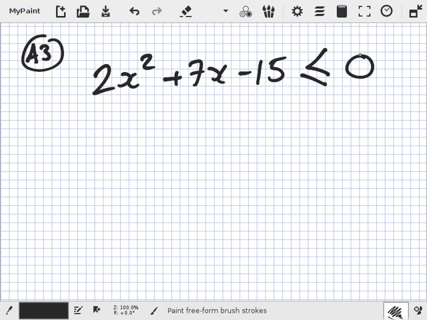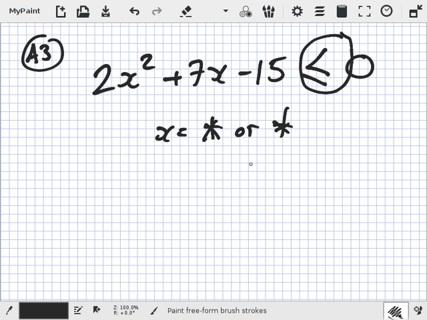You don't have to give me the answer, just give me the steps. Use the formula, x equals, and you get x equals something or something. Then what's the next step? That's not finished.